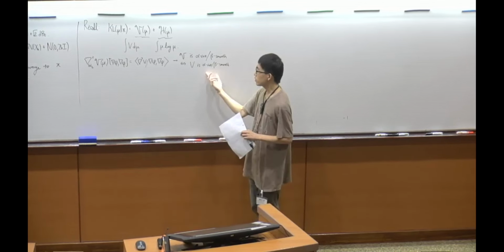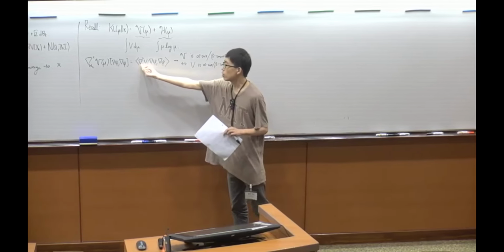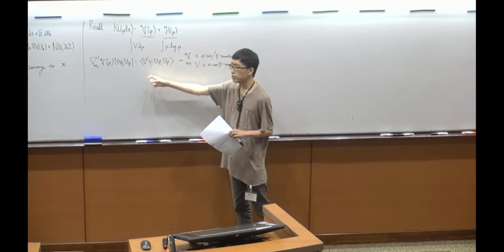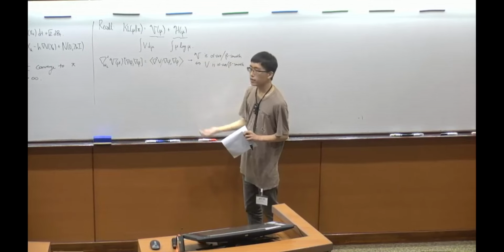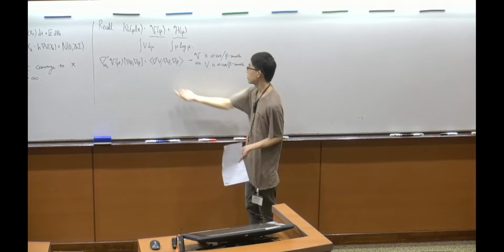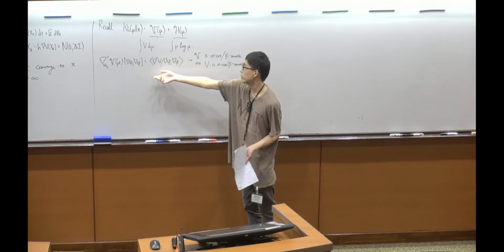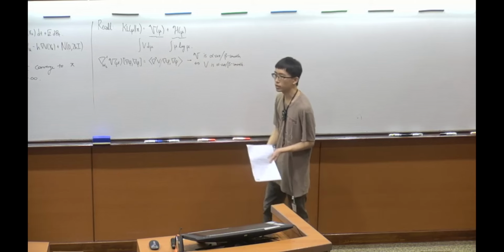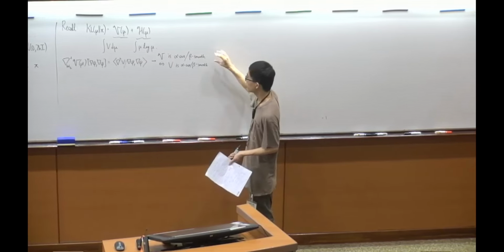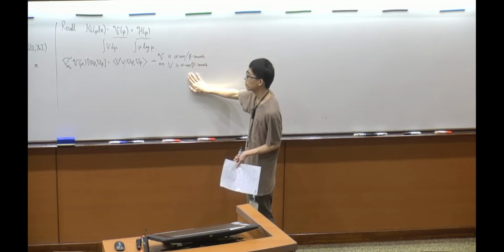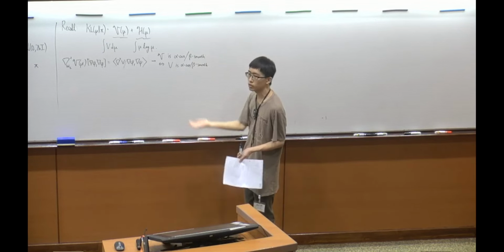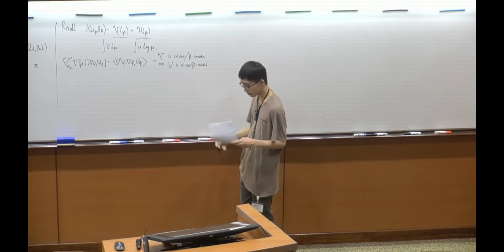Because if V is strongly convex, then you have a lower bound on the Hessian pointwise, so then it implies this Wasserstein Hessian is lower bounded. And similarly, if the Hessian of V is pointwise upper bounded, then this Wasserstein Hessian is also pointwise upper bounded. So for this potential energy functional, the convexity or smoothness is just the same thing as the convexity or smoothness of the potential function over Euclidean space.